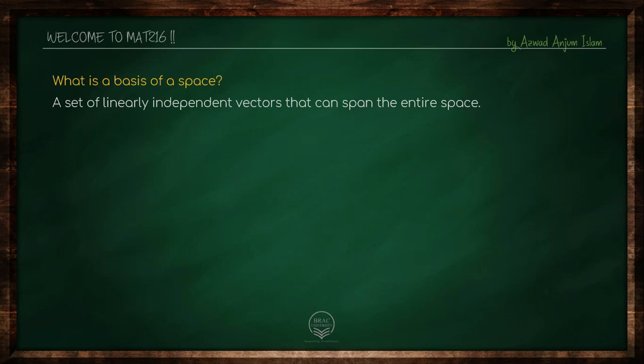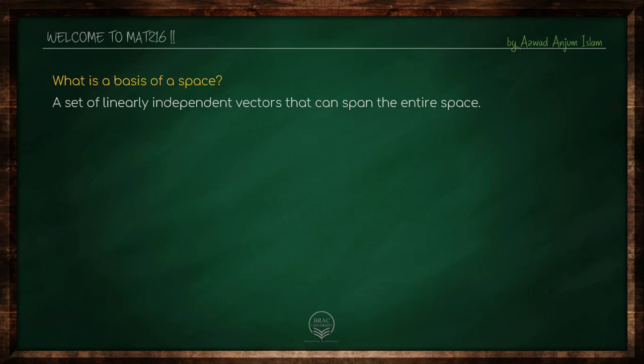So what is exactly the basis of a space? Now, we have talked about this over and over in our past weeks, but I'm just going to give you the definition one more time. The basis of a space is a set of vectors, but the vectors have to be linearly independent. That is condition number 1.